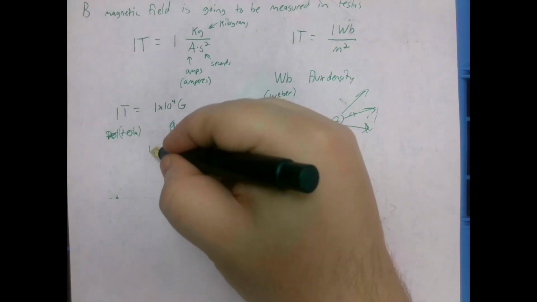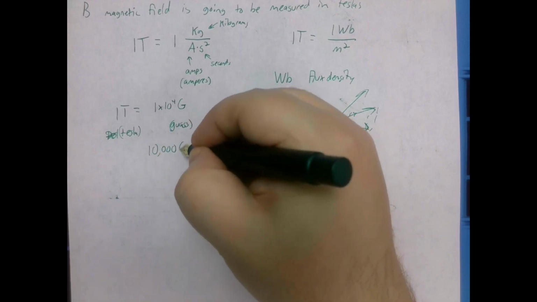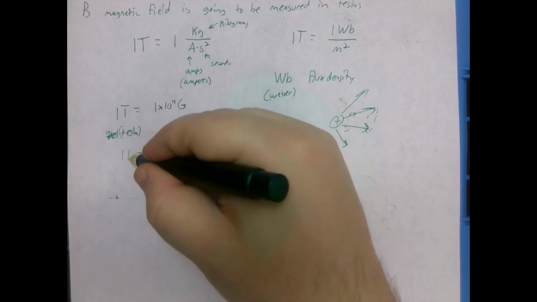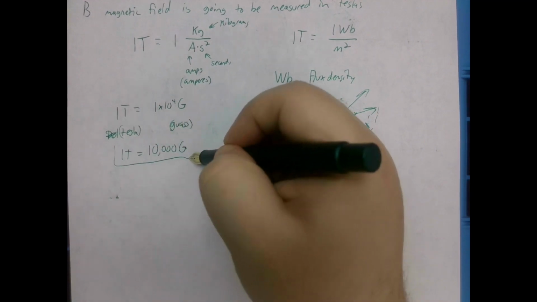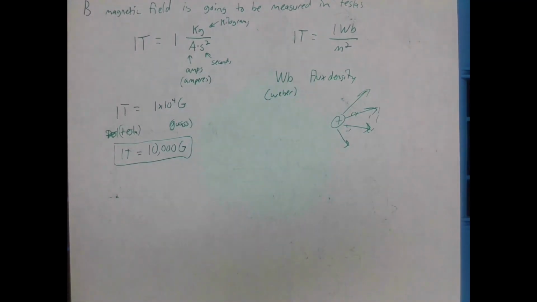So that would be 10,000 Gauss is equal to 1 Tesla. That's the ratio. So it's kind of like milliliters versus liters. Gauss is just a more precise thing.